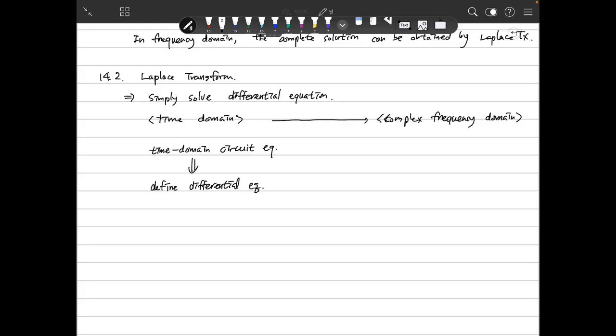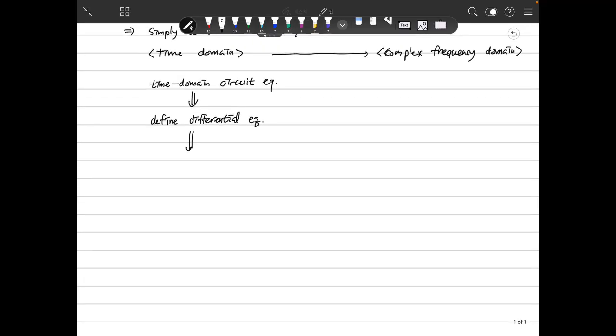Then we need to solve these differential equations. How to get that?